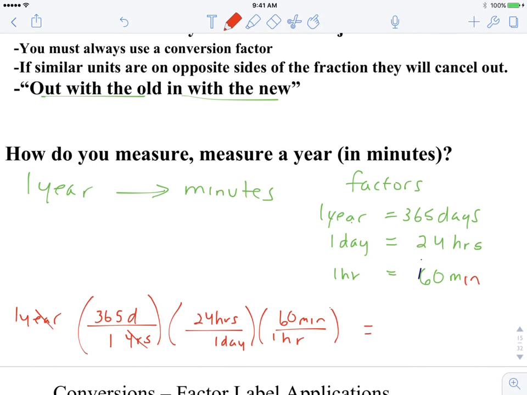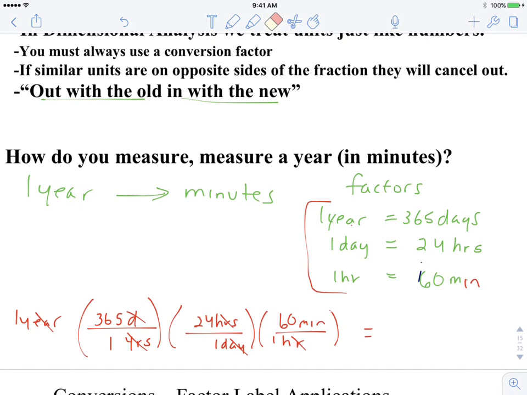Now all I have to do is cross out days, days, hours, hours, and be left with minutes. If I do that, I get my answer: 365 times 1 times 24 times 60, and that would equal 525,600 minutes.